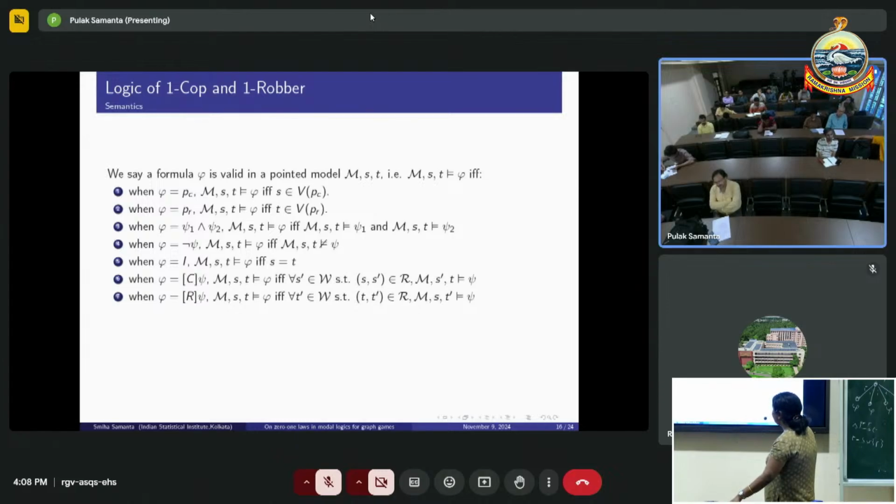And similarly for the modal operator corresponding to the robber. And we will say the formula is valid in a model when for all s and t it holds that M, s, t satisfies phi.